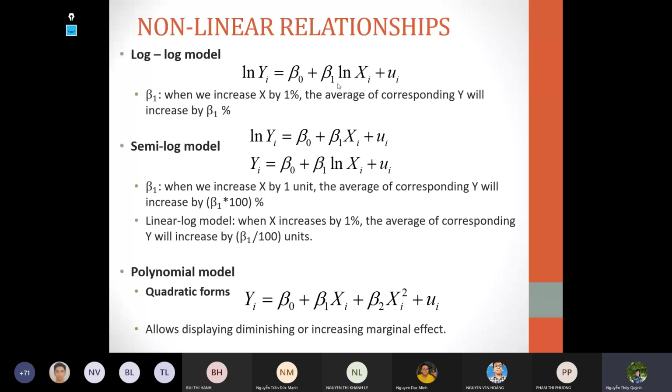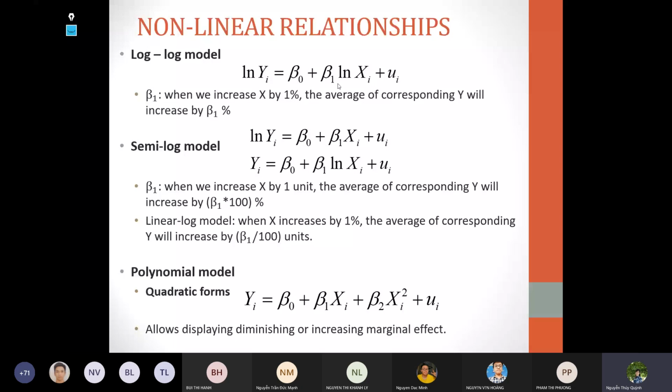But we do not want to talk about the relationship between the natural log of x and the natural log of y. We want to talk about the relationship between x and y, how x affects the value of y.